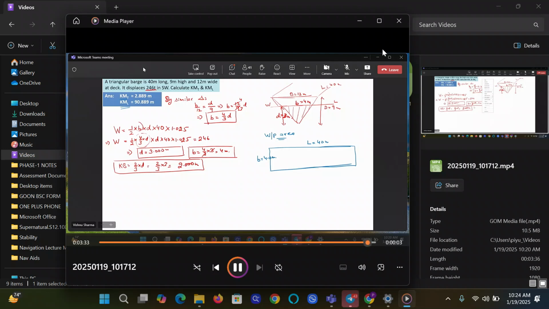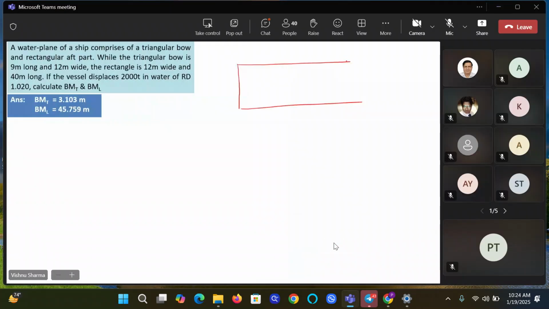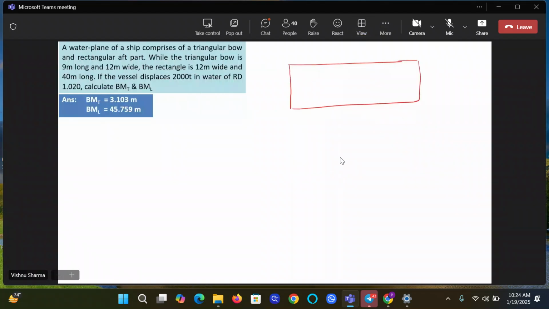Axis mark. Have I drawn it correctly, guys? Can you see it? Thank you.